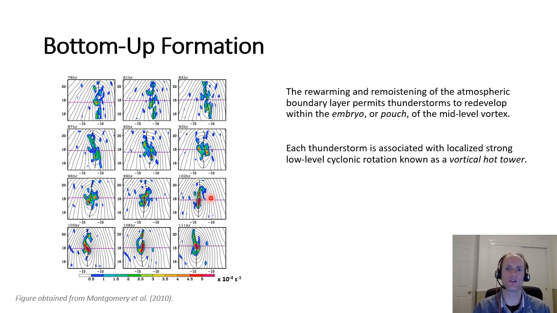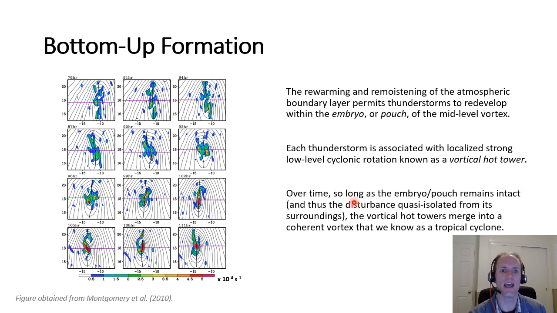Each one of these is a localized maximum of low-level cyclonic rotation, and we call these things vortical hot towers. Vortical like vorticity, so it's a vorticity-laden hot, given the fact that convection or thunderstorms tend to warm relative to their surroundings. Tower, given that it's a deep vertical feature that we see within the troposphere.